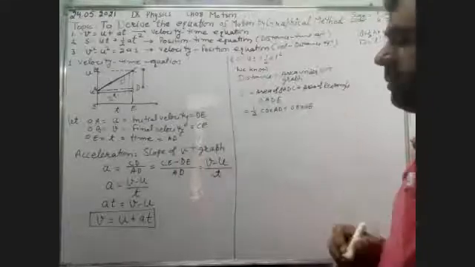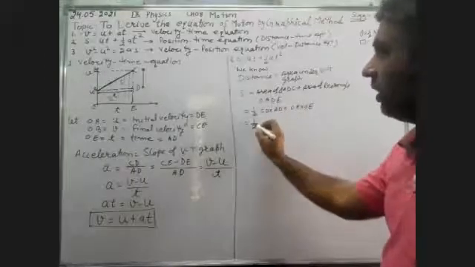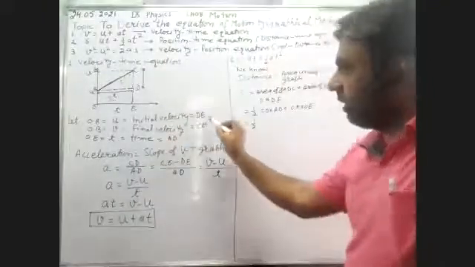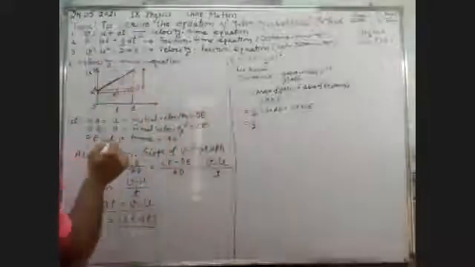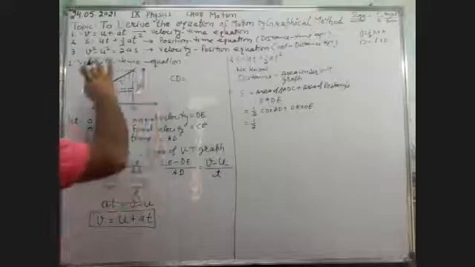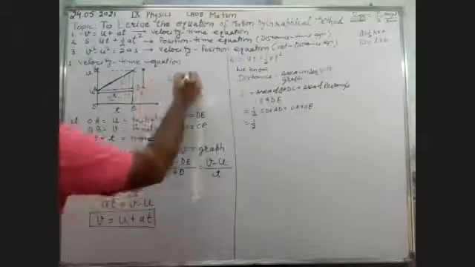This is T. So put all these values. What is CD? We have already calculated that. We can also write here that CD is equal to CE minus DE.